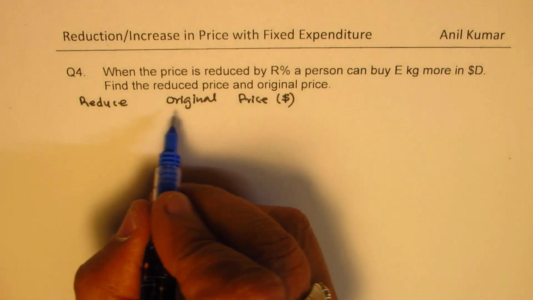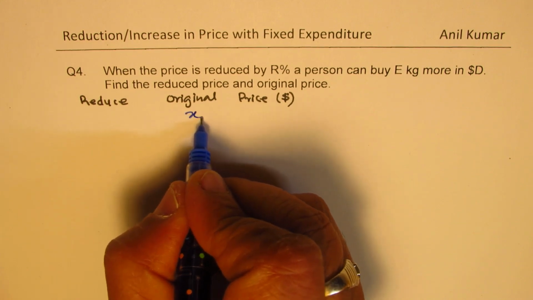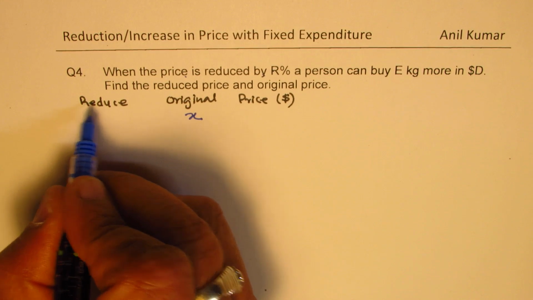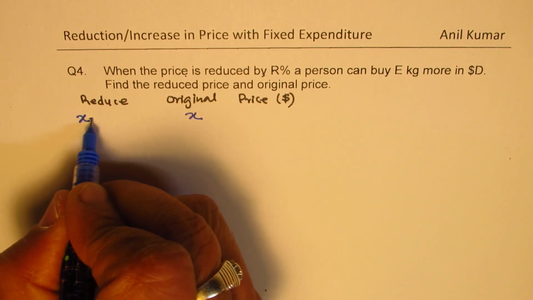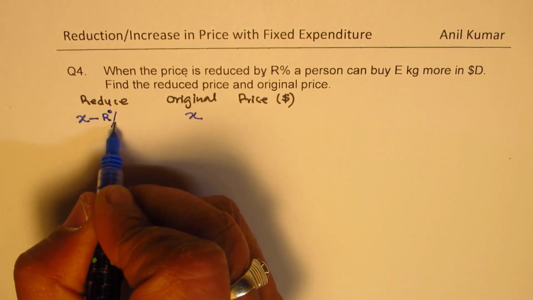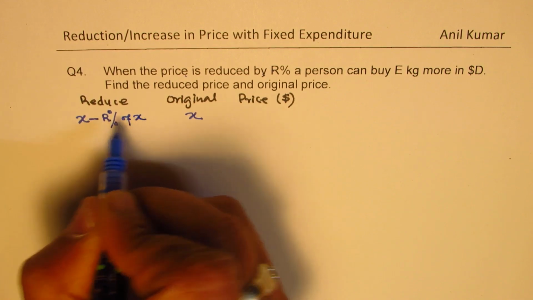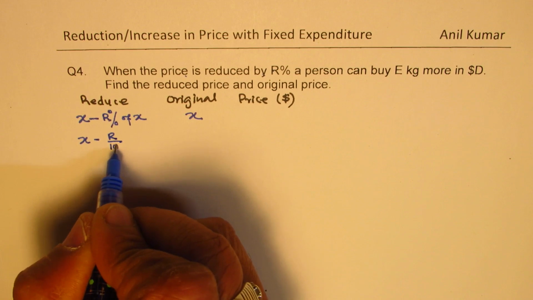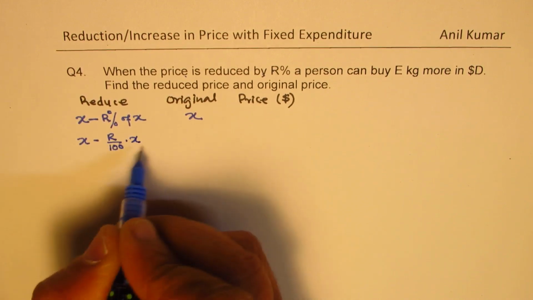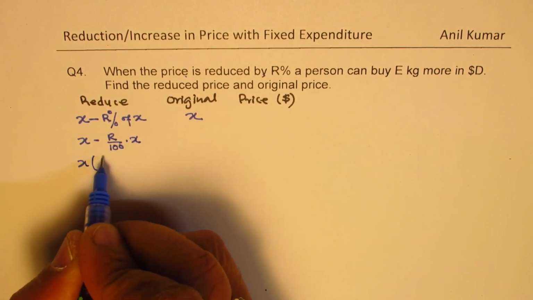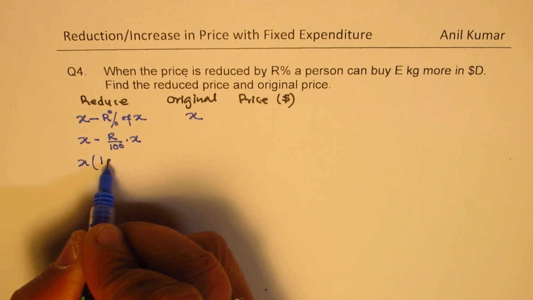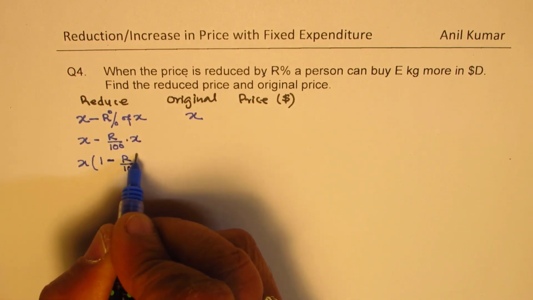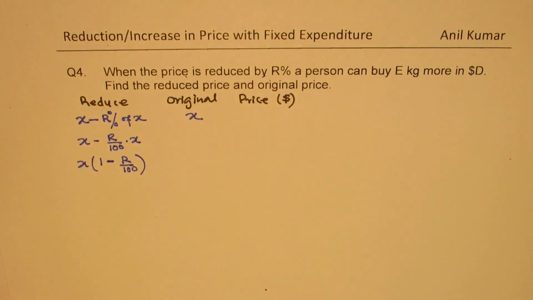So let the original price be X. It says when the price is reduced by R%, that means the reduced price will be X minus R% of X, that is X minus R over 100 of X. You can take X common and write this as X times 1 minus R over 100. So that is your reduced price.